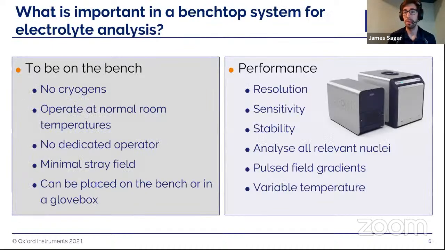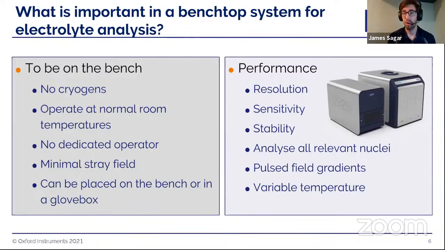Now, there are a couple of key performance criteria for a benchtop NMR system when measuring electrolytes. You need to be able to put it on the bench, which means it needs no liquid cryogens. It needs to operate at normal room temperatures. Really, you don't want a dedicated operator. It needs to be used by anybody who has access to the instrument.